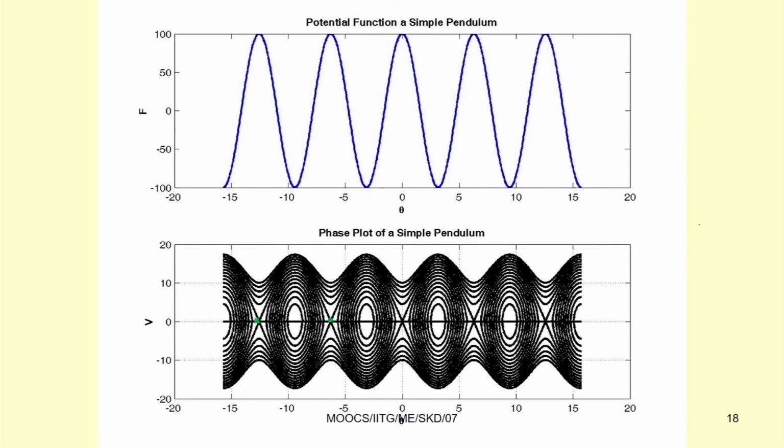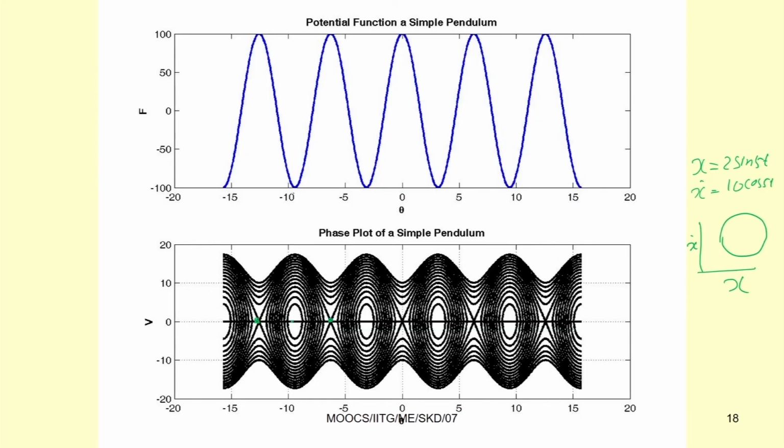Already you have seen the example x equal to sin 5t, so x dot equals 10 cos 5t, and when you plot it and compare this curve with this curve, you can see similar curves here. These are periodic responses, a number of periodic responses here.